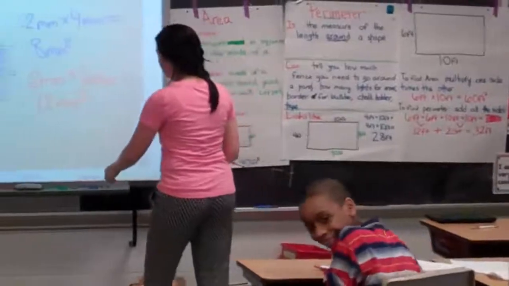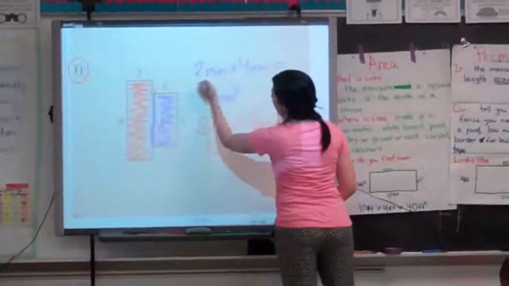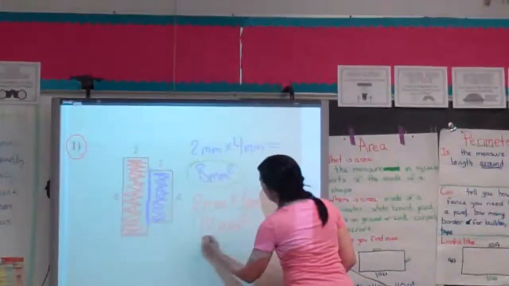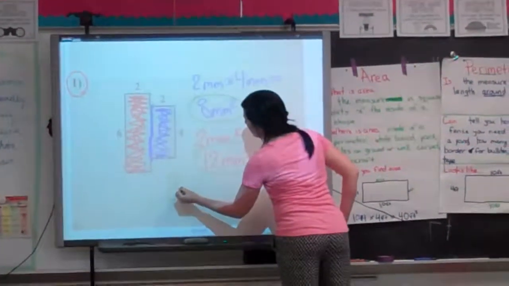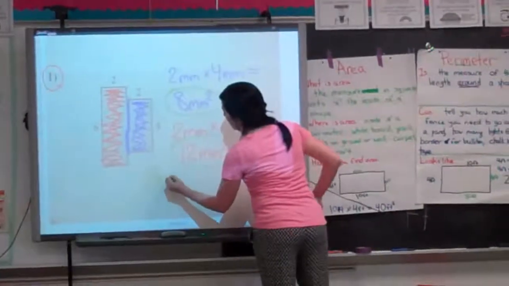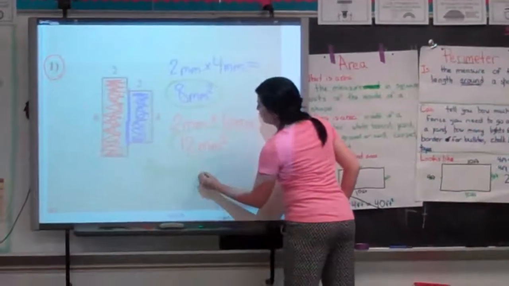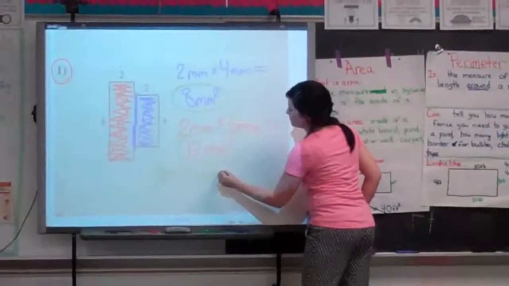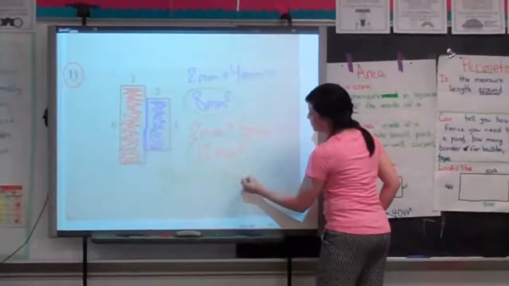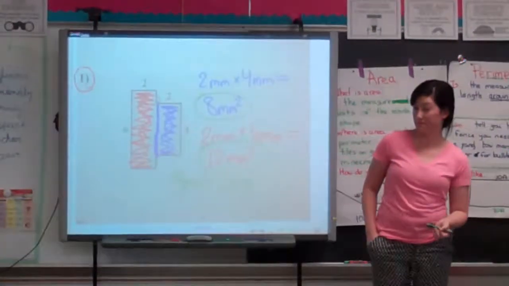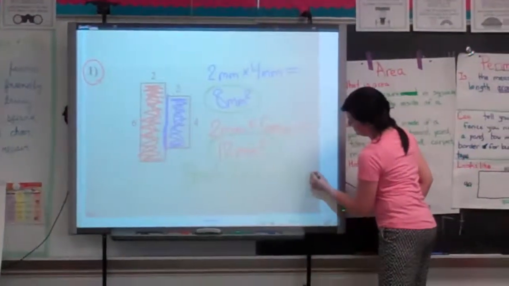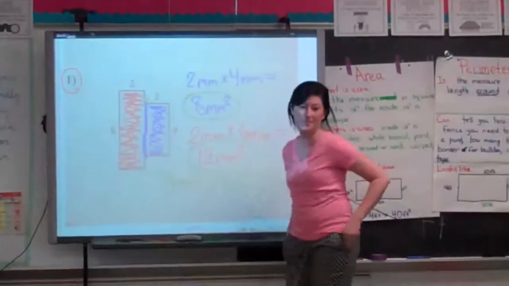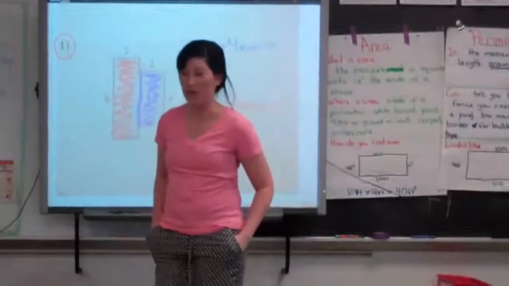So we are going to do 8 square millimeters plus 12 square millimeters. What is 8 plus 12? 20! Then you got that right. Good. All right.